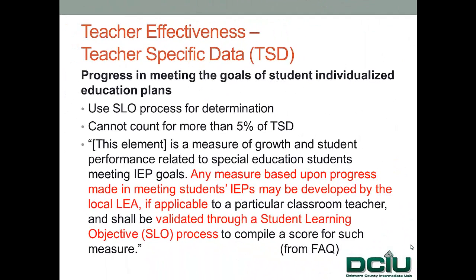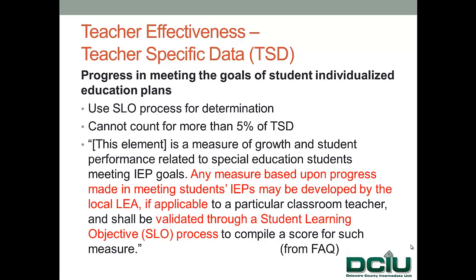The third element of teacher-specific data is progress in meeting the goals of student individualized education plans, in meeting the goals of student IEPs. We have very few details on this particular element at this time. At the end of August 2014, some examples that will include this particular measure will be developed through PDE and presented as possible examples of how this could be put into practice.